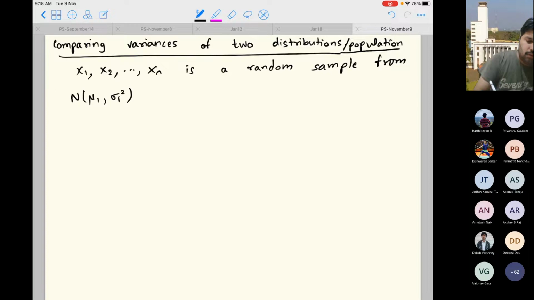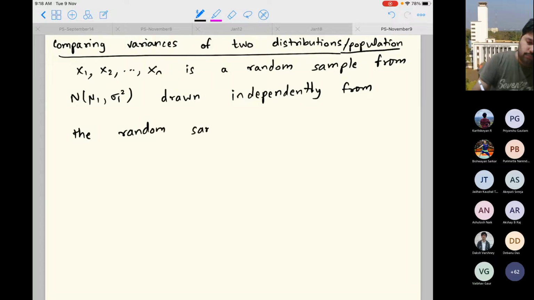So x1, x2, xn is a random sample drawn from this normal mu1 sigma 1 square, drawn independently from the random sample y1, y2 up to ym from another normal density mu2 sigma 2 square.